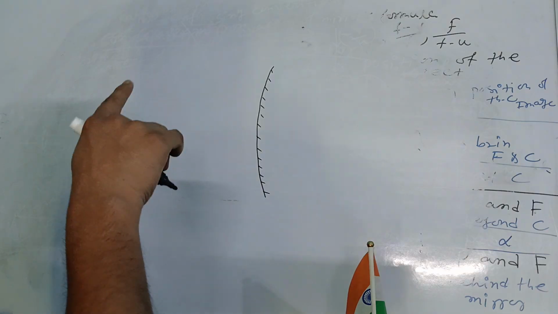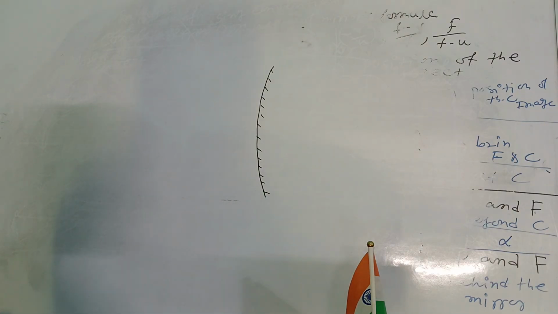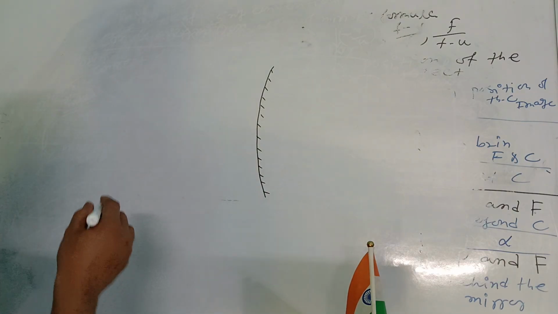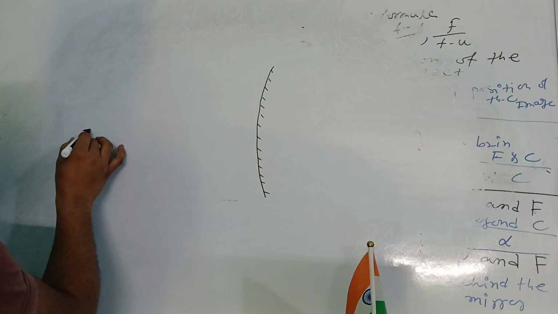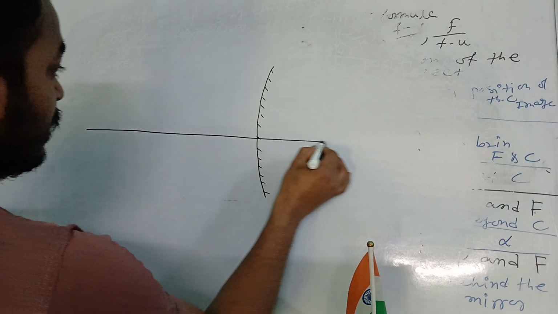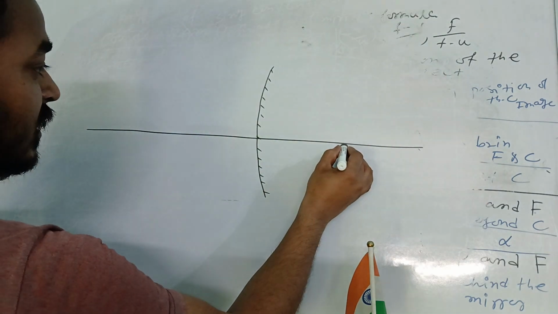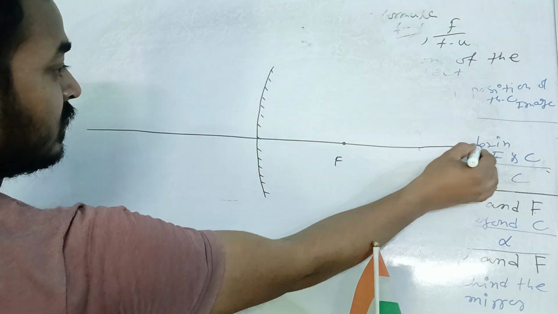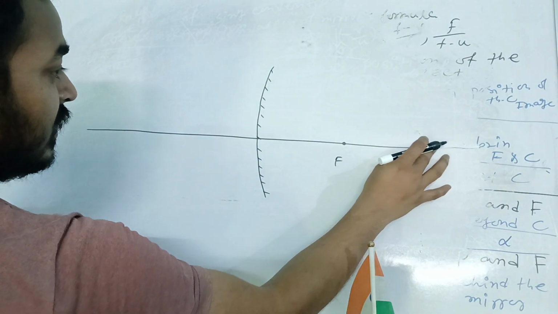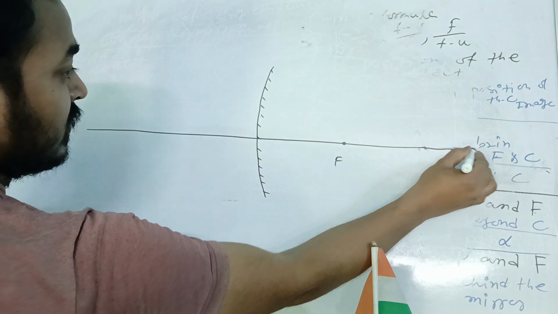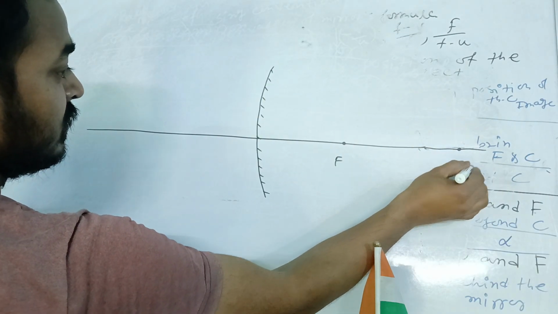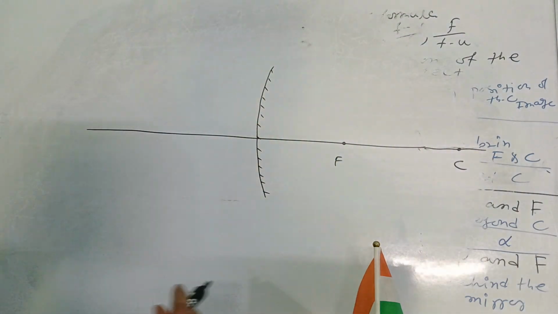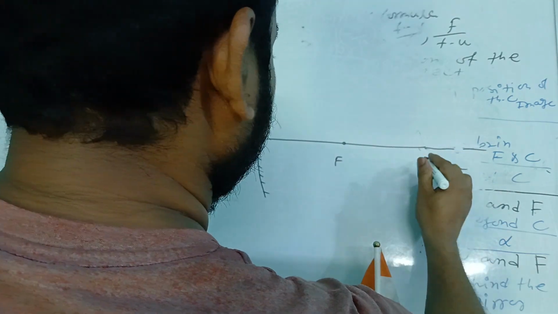One for definition of focus, already you have done. Now the second one, for example. Consider this is the focus, and this is parallel. Consider this is the center of curvature. Center of curvature and focus are equidistant.